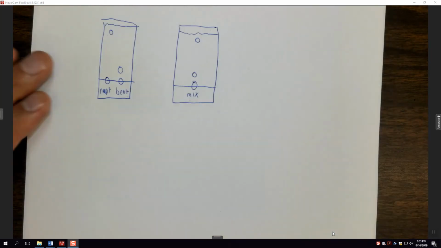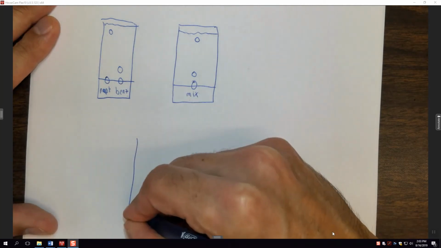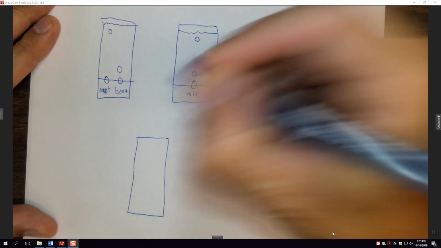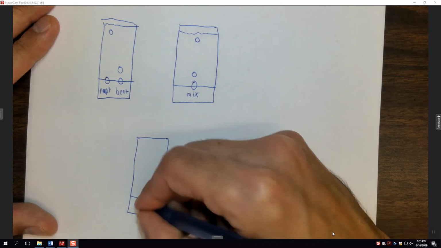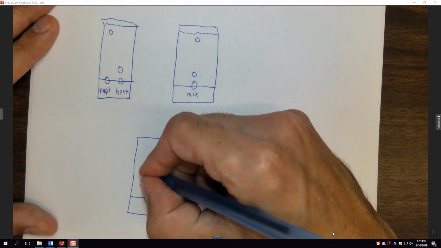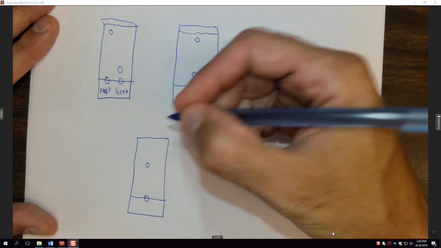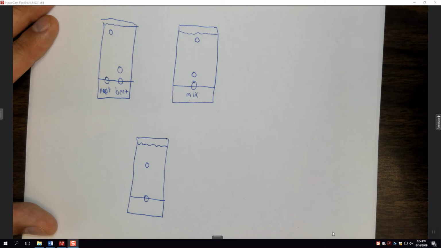Now, let's look at how we quantitate this. Let's say that we have a TLC plate like this, and say we have an original spot, and then we elute it, and we get another spot that goes that far, and our solvent goes about that far.